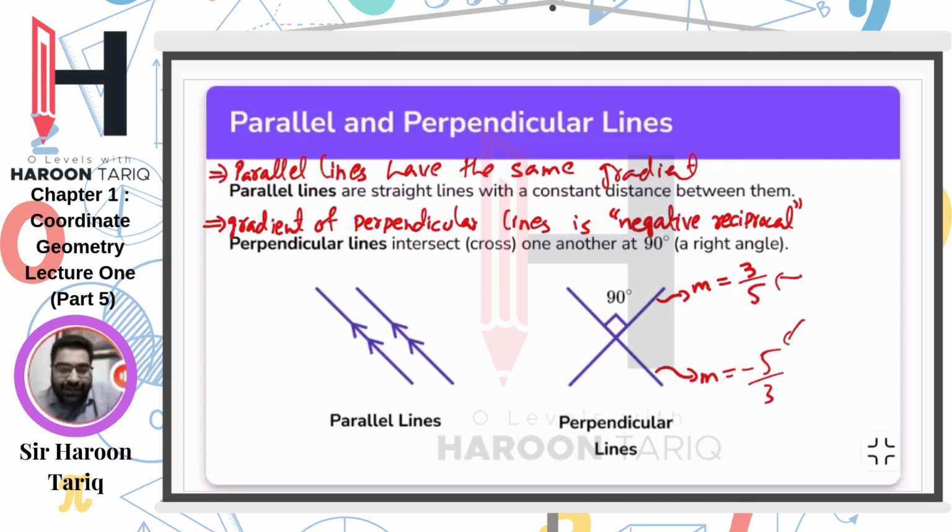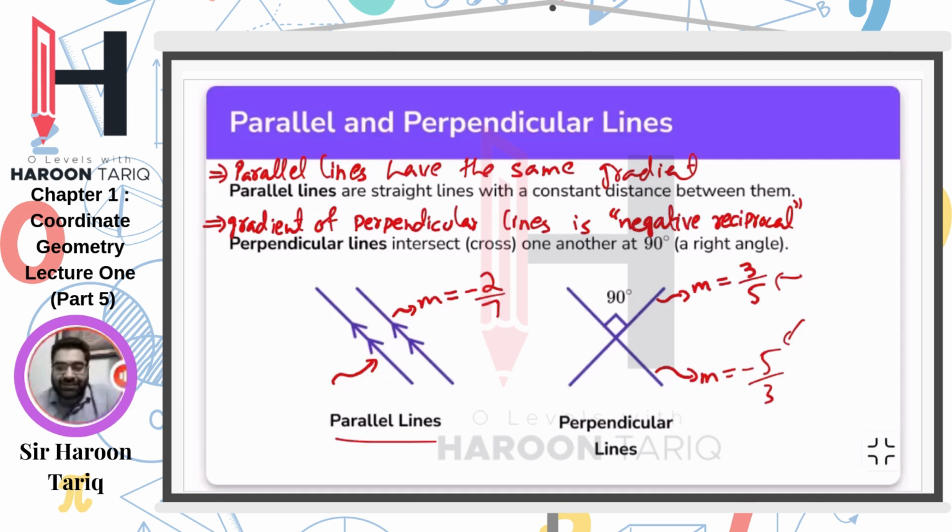Okay, now let's suppose these are parallel lines. The gradient here is negative 2 by 7. What's the gradient of this line which is parallel to it? These are parallel lines. The other one was perpendicular.